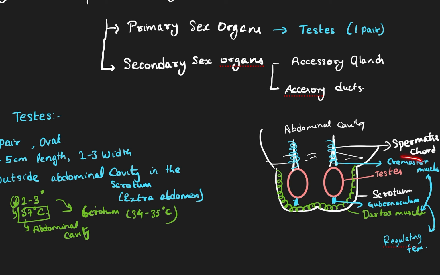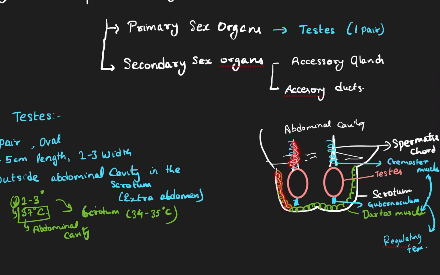These two muscles, cremaster and dartos, and the testis is present inside. These are the main parts which are going to secrete the sperms. The sperms move from here, from the spermatic cord, and then they go into the penis. So that is the process which is going to happen.